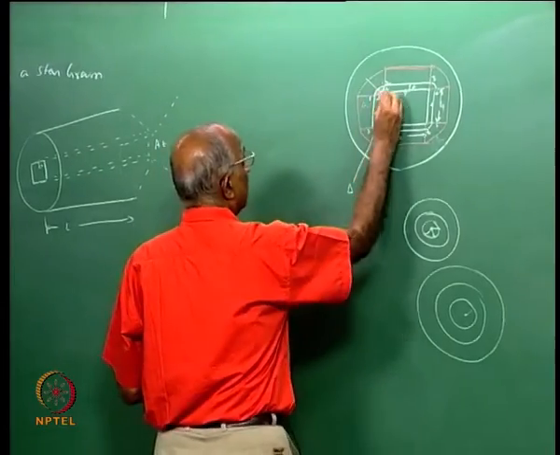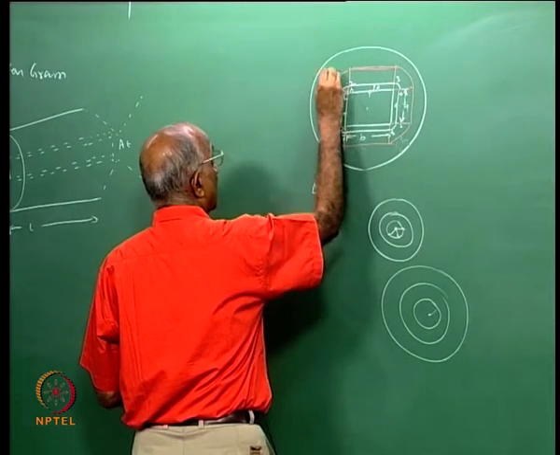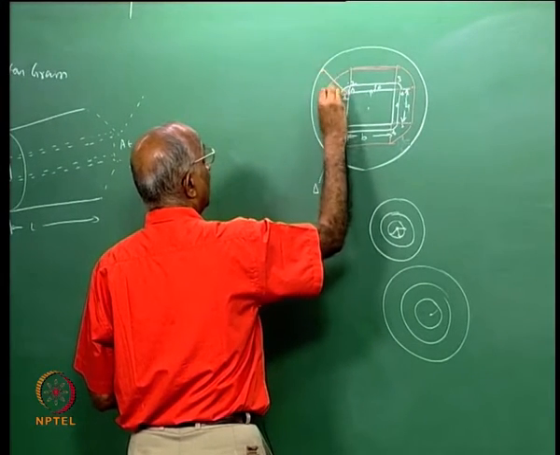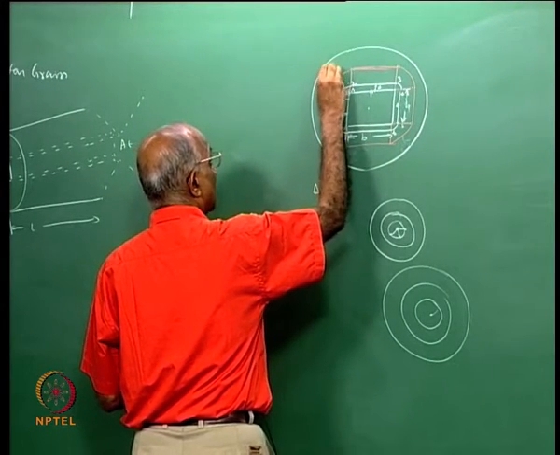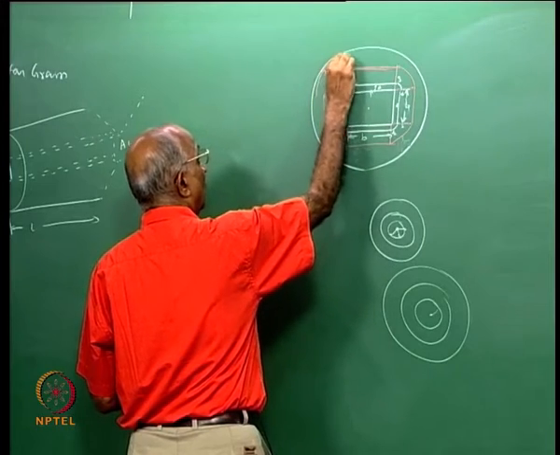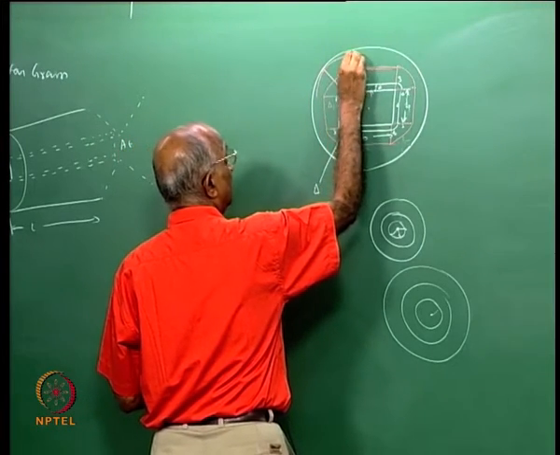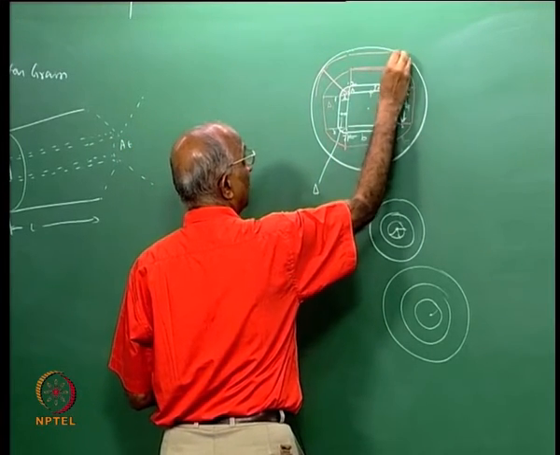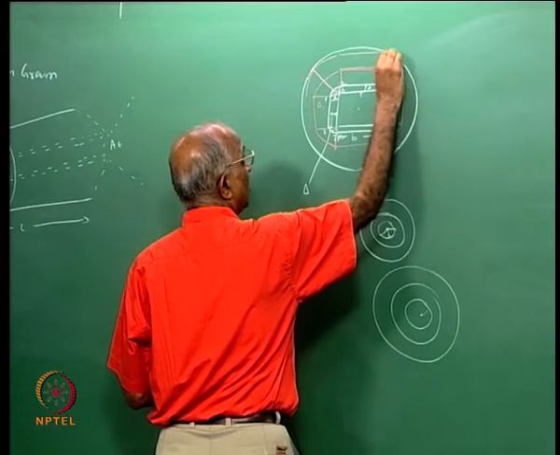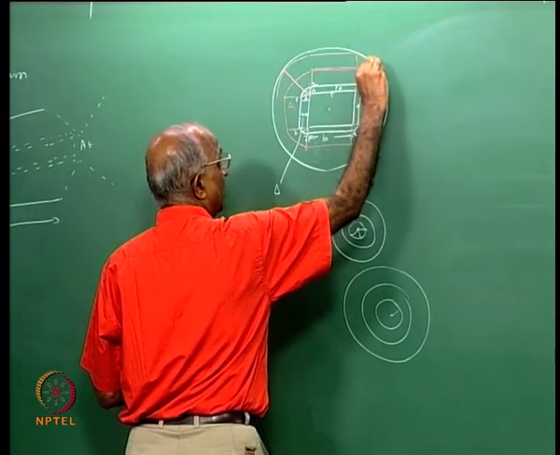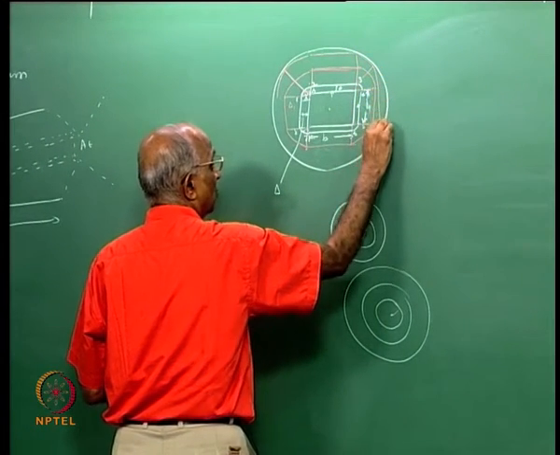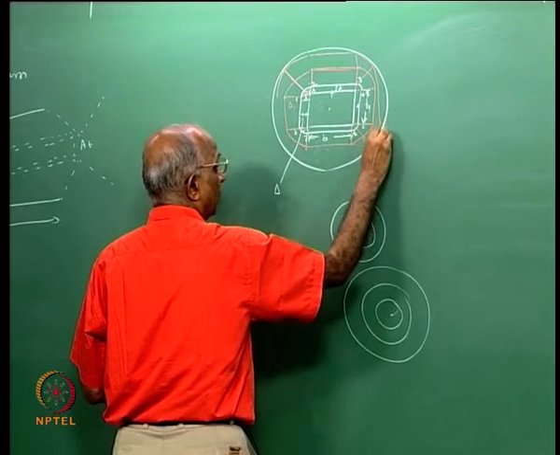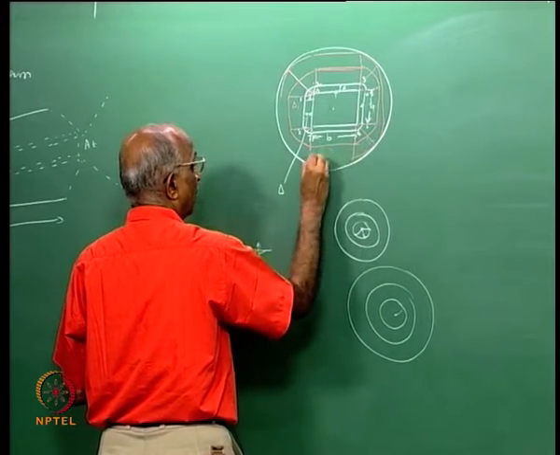When this particular tip or vertex comes and hits over here, then I have a circle of diameter over here and the plane surface comes over here. Then when this comes over here, this is again a circle, hits over here.